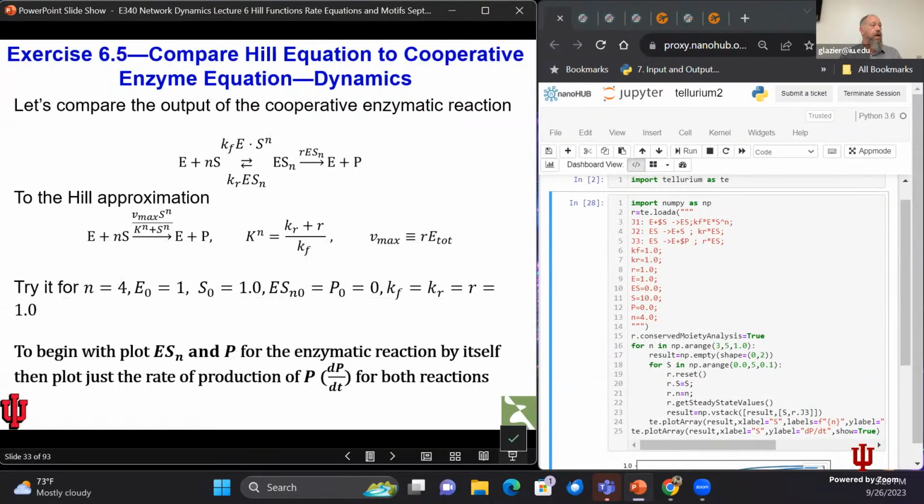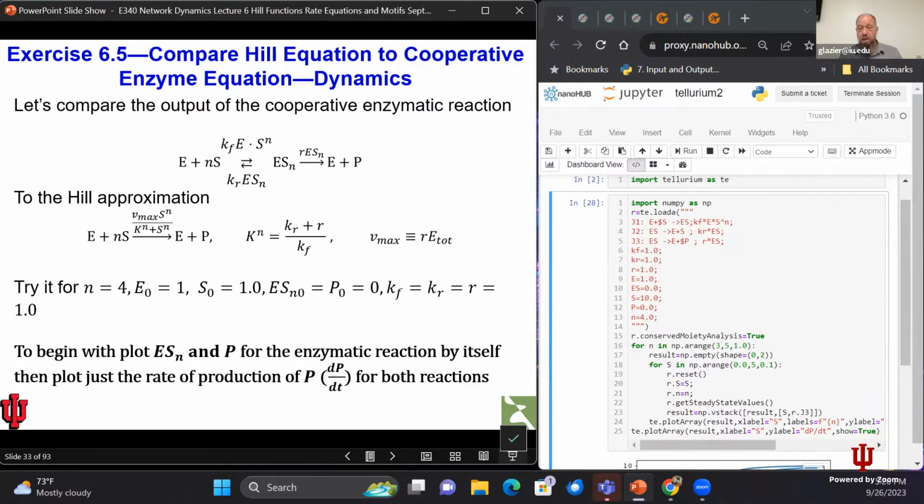Before we do that, let's actually compare the time series. We assumed here that we were looking at a steady state result.